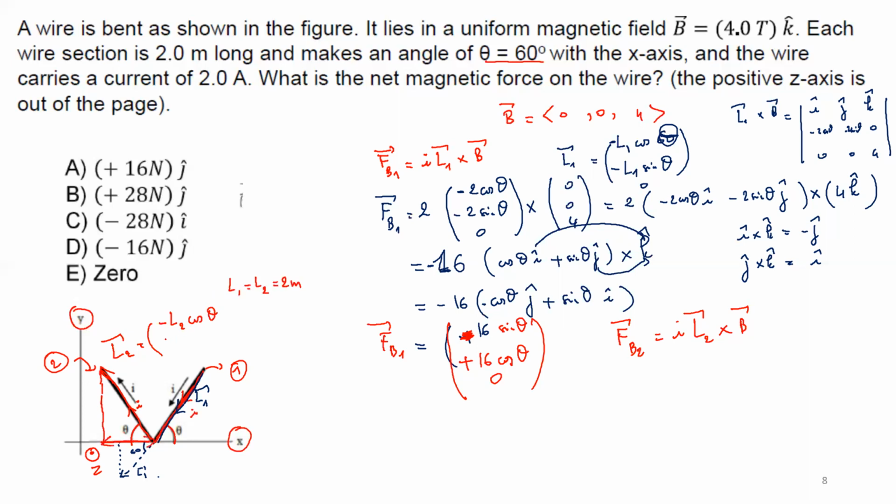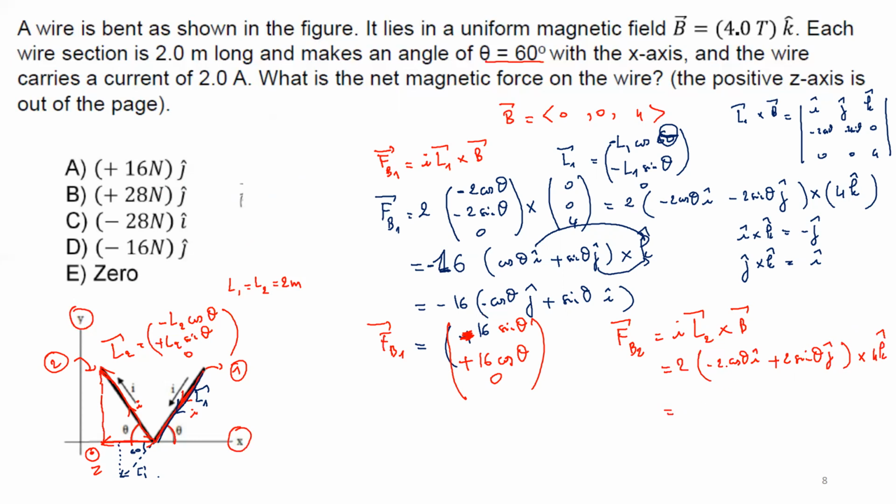And along Y, it's plus L2 sine theta, like in physics 101, and along Z is 0. So L2 is minus cosine theta I hat plus sine theta J hat, cross B, which is along K hat.